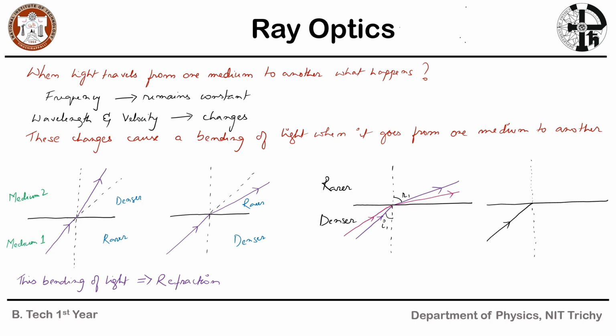Then, at a particular angle of incidence, the angle of refraction will be 90 degrees. This angle is known as the critical angle. If we send in light whose angle of incidence is greater than the critical angle, the ray will bend back into the same medium. This is known as total internal reflection.